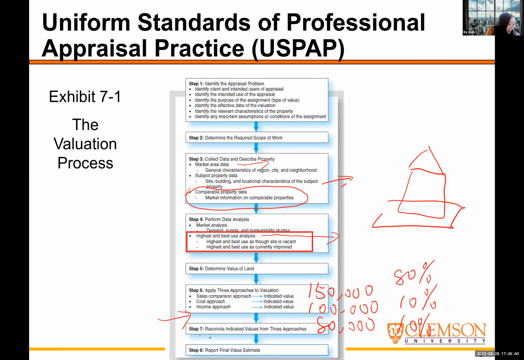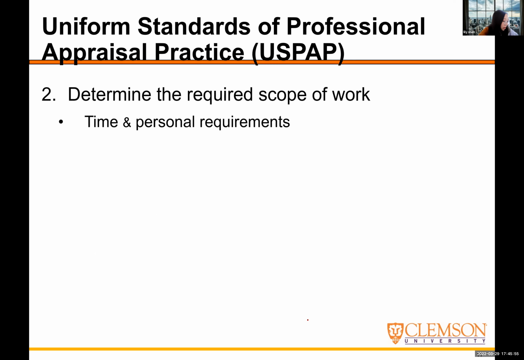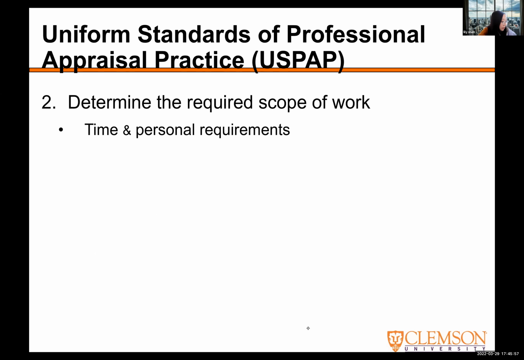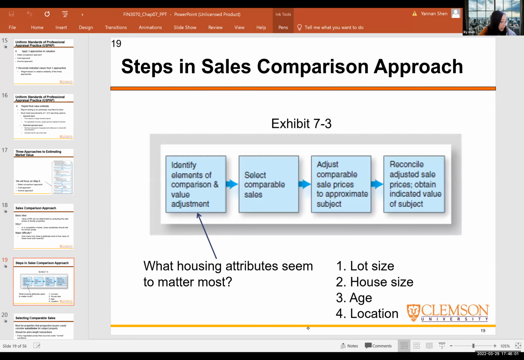This is called a reconciled indicated value from 3 approaches. Basically, you're assigning the weights and calculating the weighted average. And then you have to really report the final value. So the next couple slides give you more details for what you do in each step.